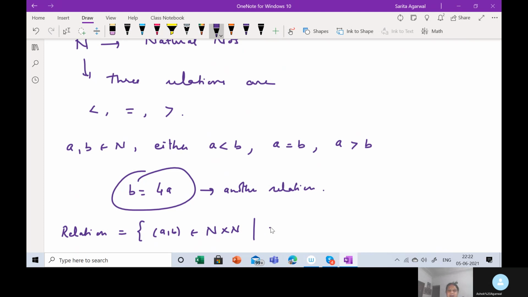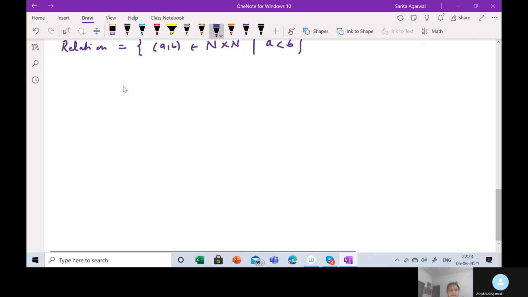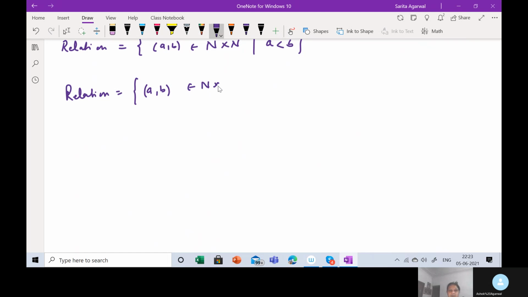And such that A is less than B. Similarly, we can write for equality, similarly for greater than, right? And for the other relation, I can write A and B chosen from the set of naturals such that B equals 4A.